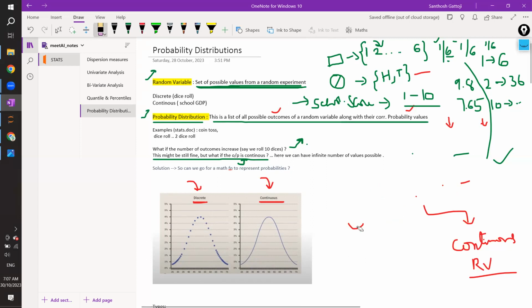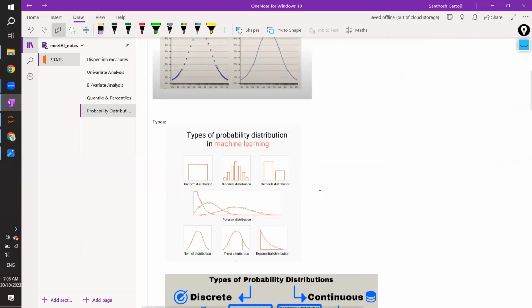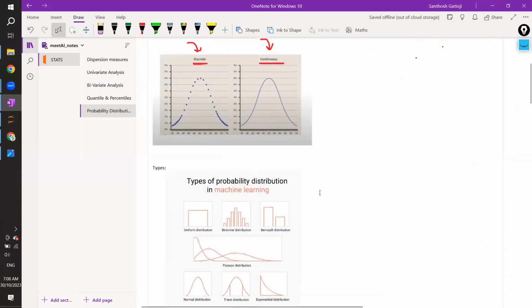Okay, cool. So now we'll see at a high level, you are going to study so many distributions, right? Any distribution you take in statistics will come under this probability distribution concept, and it should fall somewhere in between discrete or continuous.